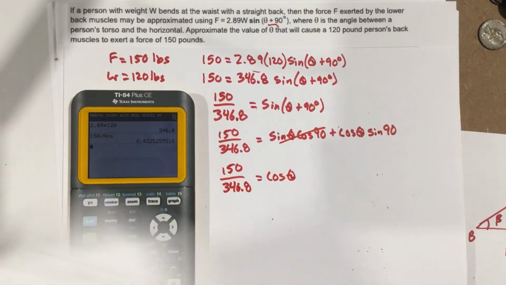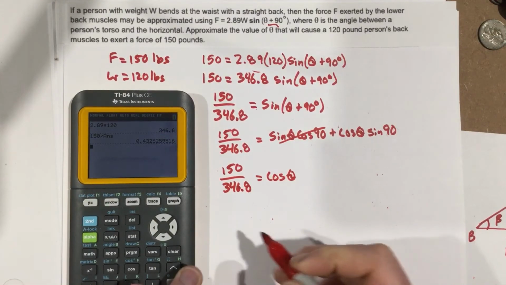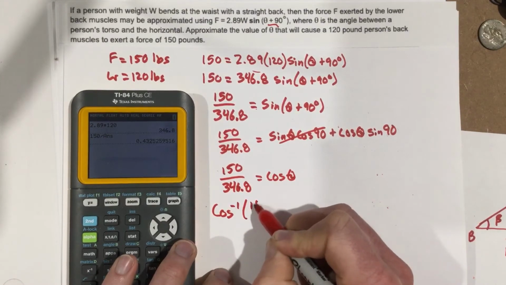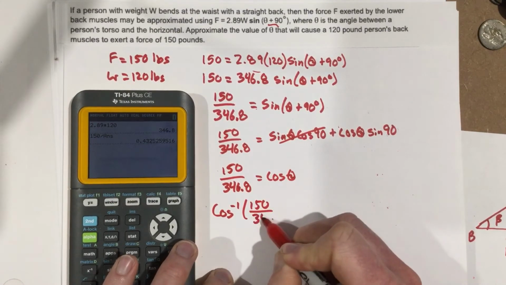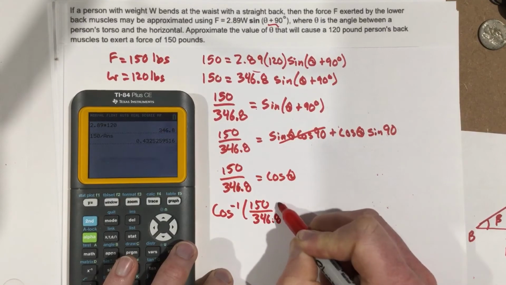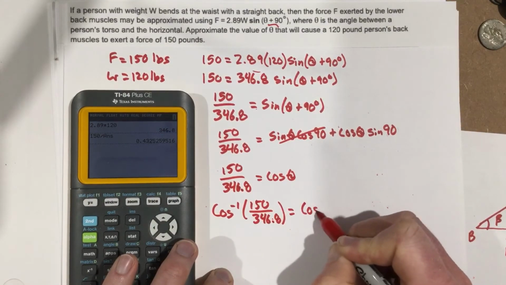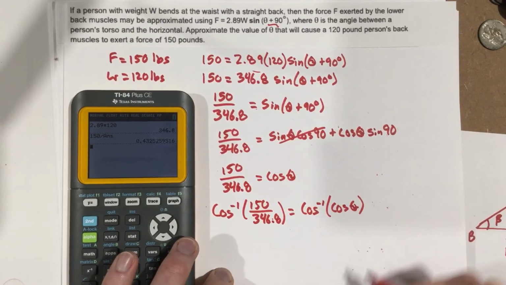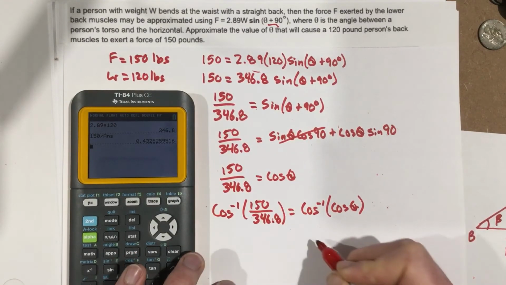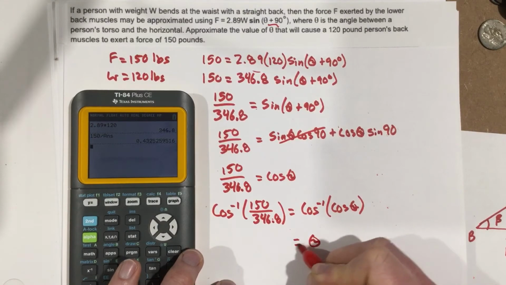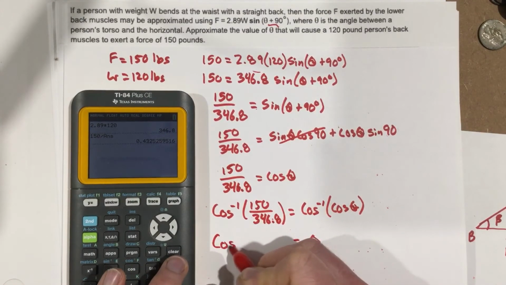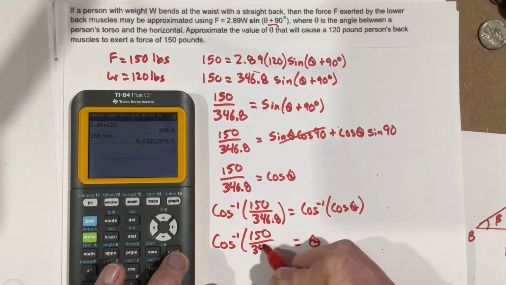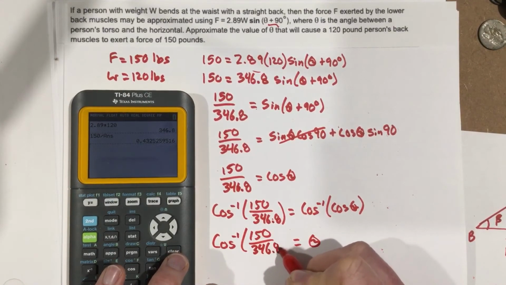And I'm looking for theta, so I want to take the cosine inverse of each side. So let's do cosine inverse of 150 over 346.8 equals cosine inverse of cosine theta. Well, that's going to leave you with theta equaling whatever this cosine inverse of 150 over 346.8 is.